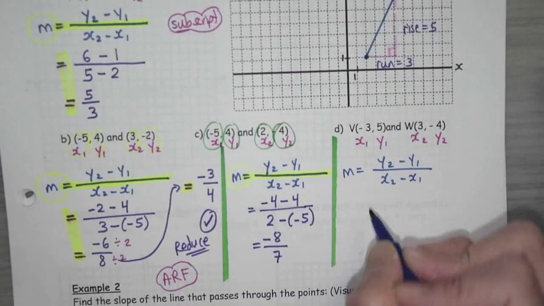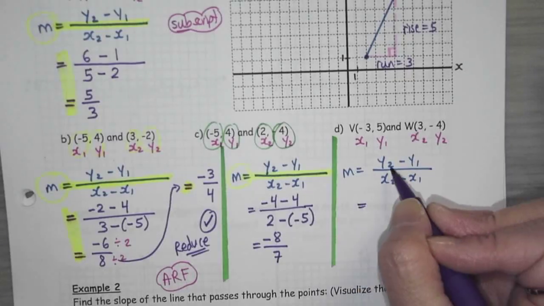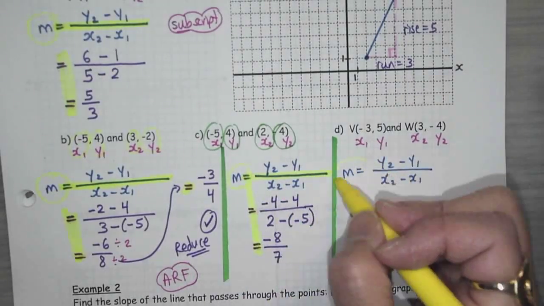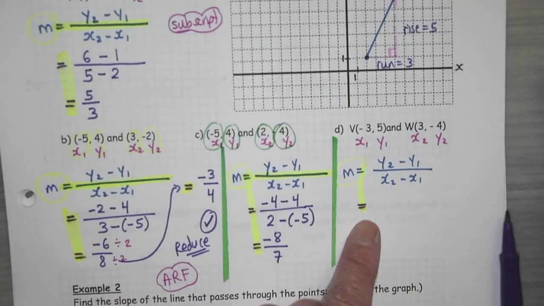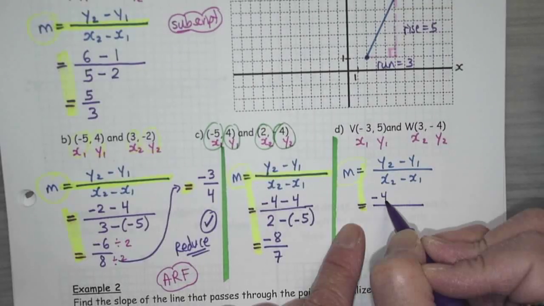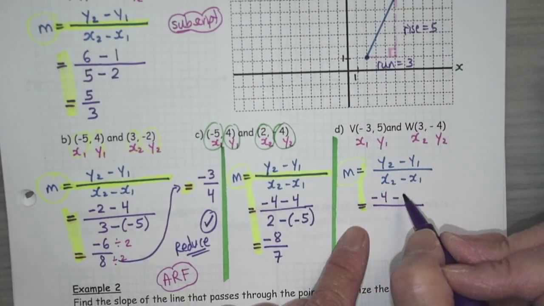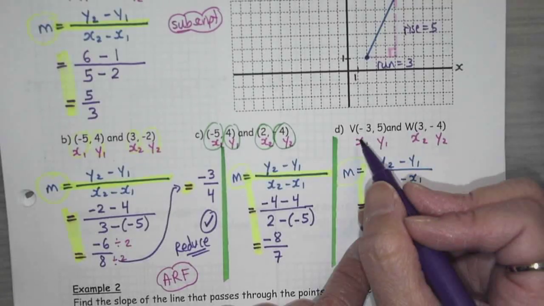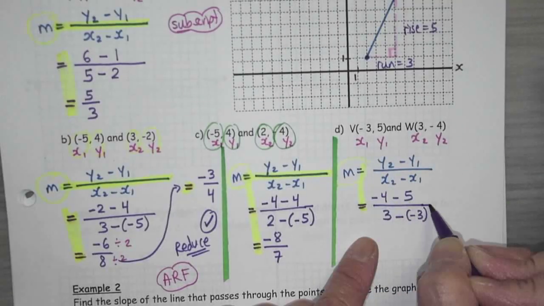Okay, and then we've got filling this in. So y2, again, can you double check? We're going to have equals all the way down here, and then M equals. So equals, and we're going to do y2, so it'll be, see how I lined up the equal sign? -4 minus y1 is 5, x2 is 3 minus -3.